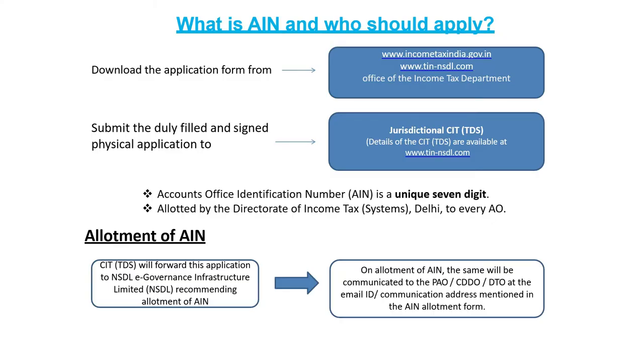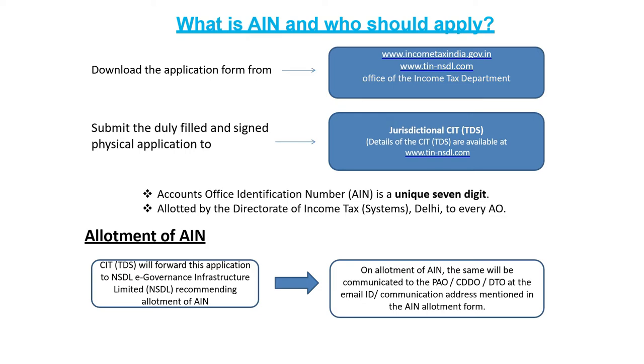Every PAO or DTO has an Account Identification Number, that is AIN. AIN is nothing but a unique 7-digit number which is allotted by the Director of Income Tax Systems, Delhi. If any PAO or DTO doesn't have an AIN number, then such PAO or DTO can apply for an AIN number at tin-nsdl.com.